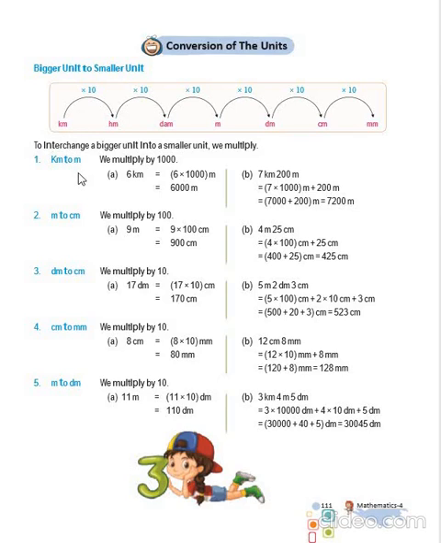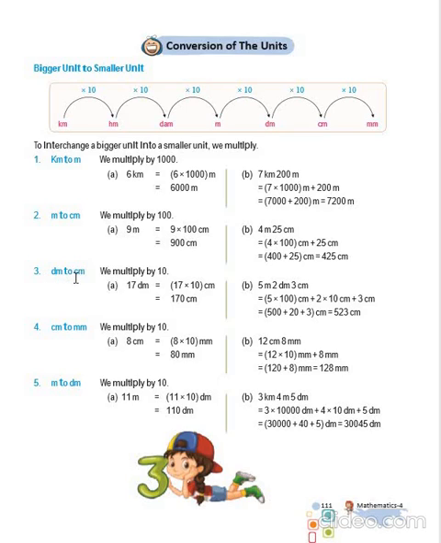Kilometers to meters, you have to multiply by thousand. 6 kilometers will be 6 into 1000 meters, that is equal to 6,000 meters. Meters to centimeters by multiplying by 100. 9 meters is equal to 9 into 100 centimeters, that is 900 centimeters.